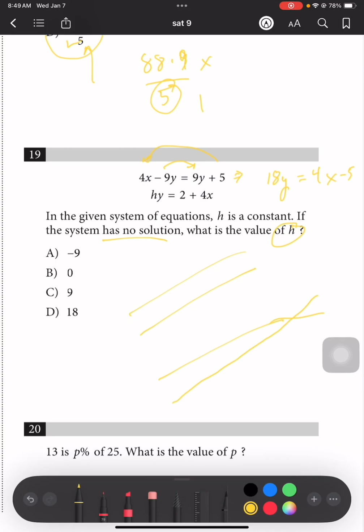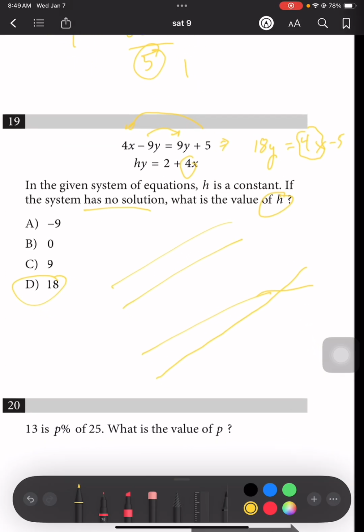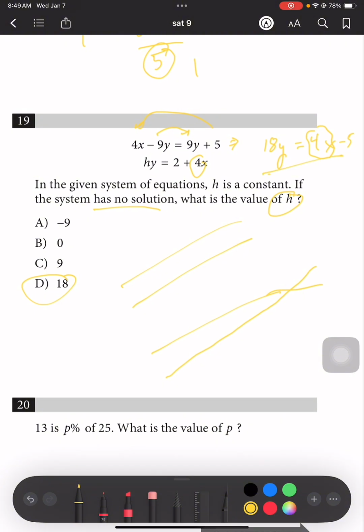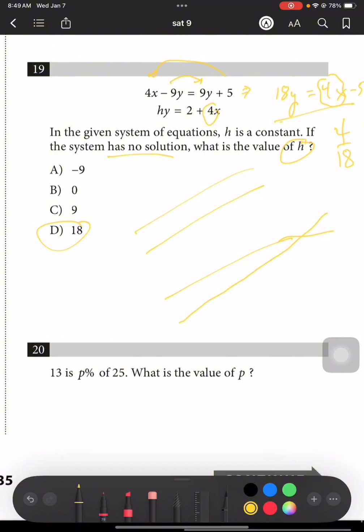So no solution means it has that same slope. Here there's 4x on this side and 4x on that side, so it has to be 18. Because the slope here is 4 over 18, which is like 2 over 9, so we're going to make that 4 over 18 as well. So H is 18, yes.